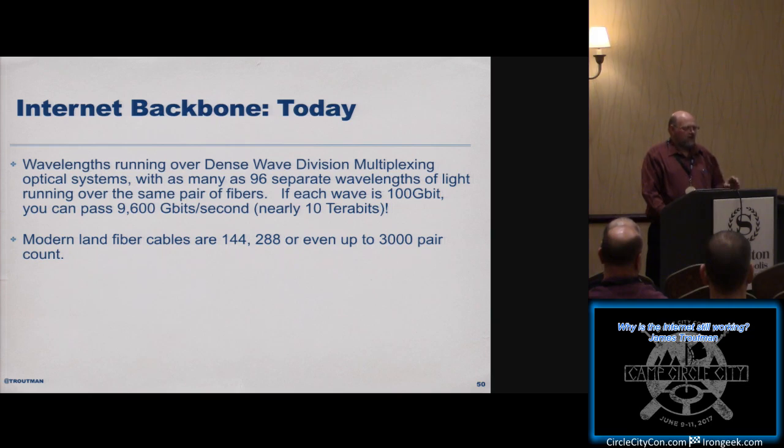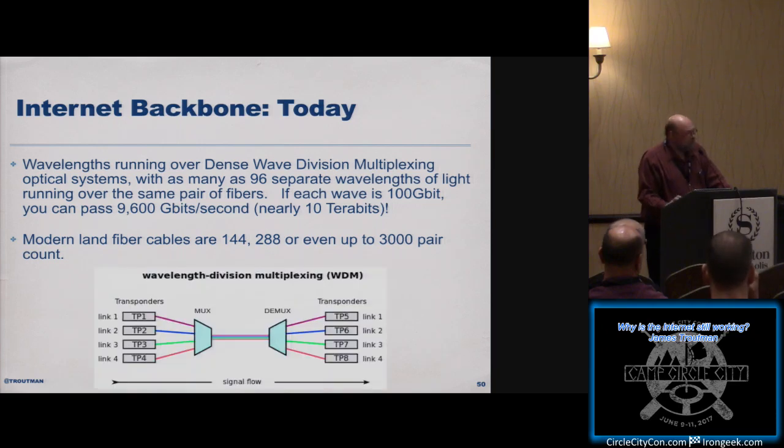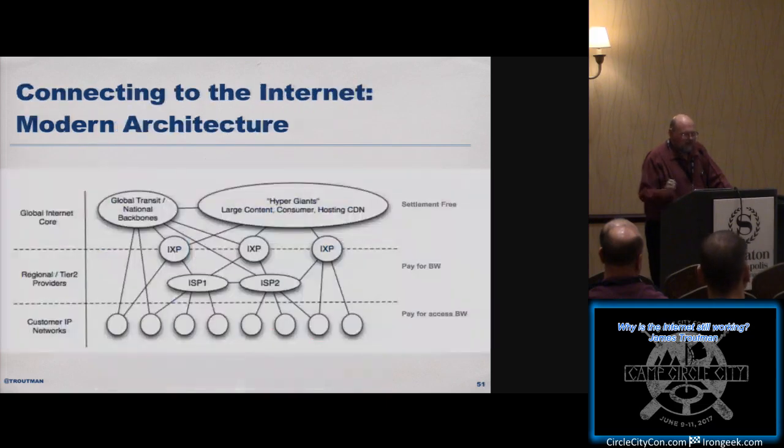And you think each pair of those fibers you can run DWDM on top of, so you can get just ludicrous amounts of speed and capacity. That's kind of a sample diagram of how DWDM works. It's essentially just different wavelengths of light, different colors, as people say, running over the same optic.